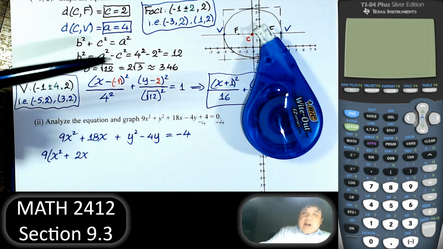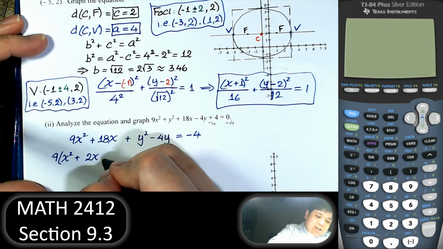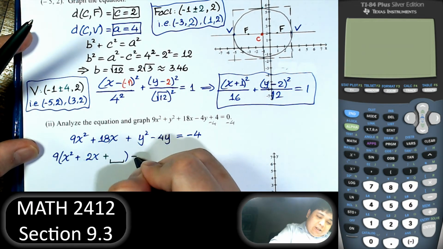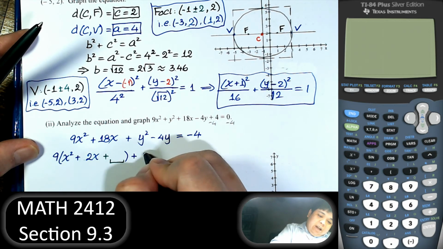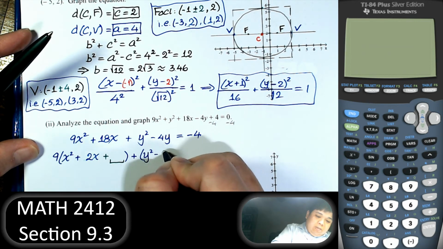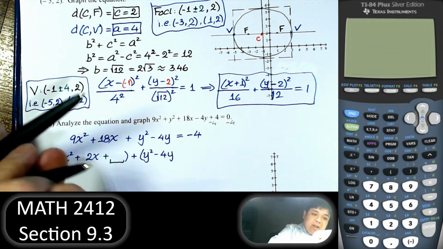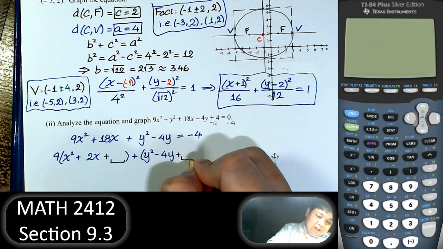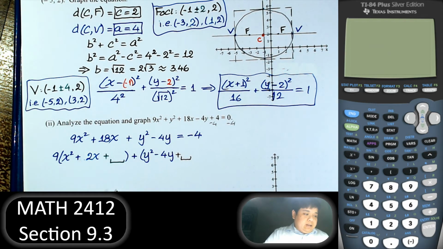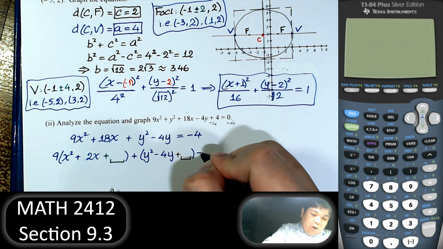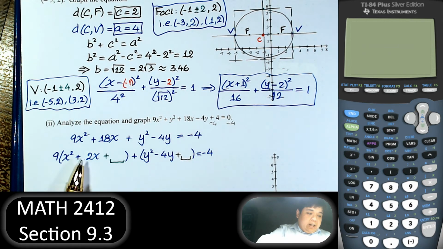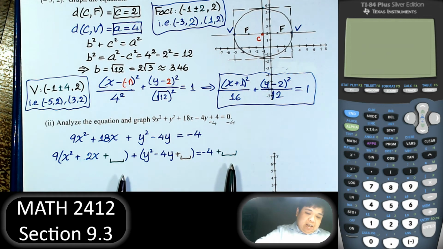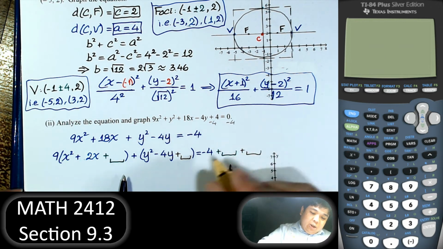We will need to add something here to make a perfect square. And then here we have y square minus 4y. Again, we're going to add something too to make a square. On the other side is -4, and we're going to add something to balance this, and add something to balance that.